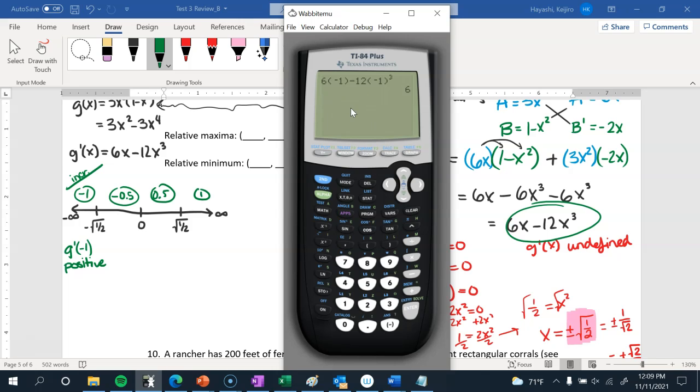And then you would just do the same for the other test values. Now, if you have a graphing calculator, and possibly even if you have a scientific calculator, it's possible to not have to rewrite everything that you just put in. On a newer calculator, you can use the arrow keys to scroll up and grab something that you typed before.